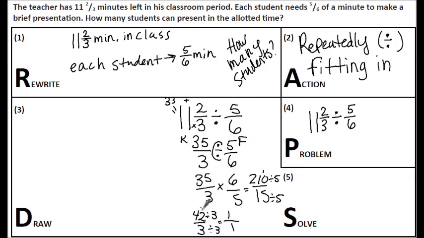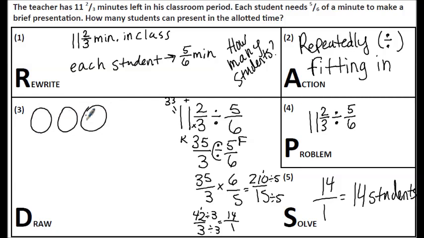So 3 divided by 3 is 1. 3 goes into 4 1 time with 1 left over, and 3 goes into 12 4 times. So 42 divided by 3 is 14. So we see that we're going to have 14 whole students that can fit in, or just 14 students can give a presentation in that amount of time that we have for class.